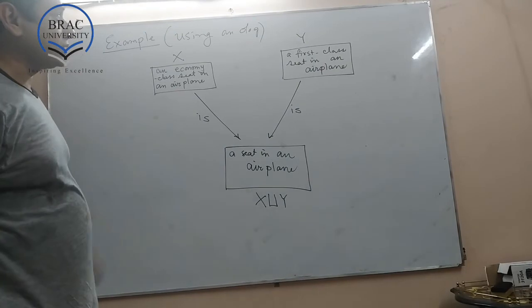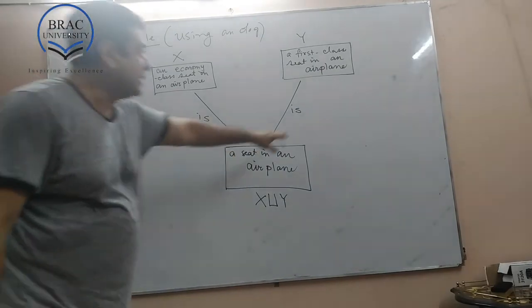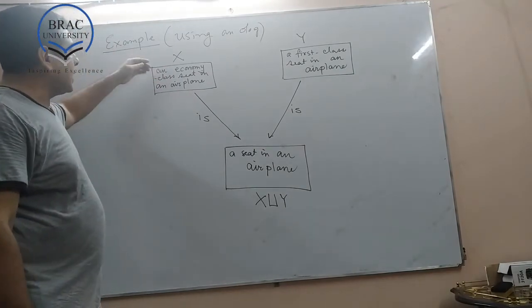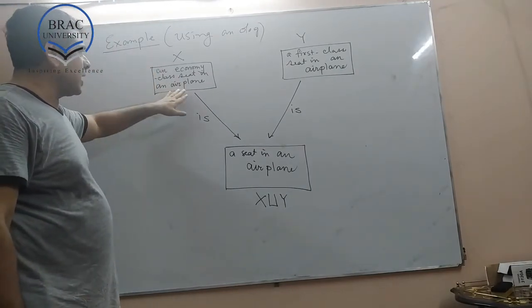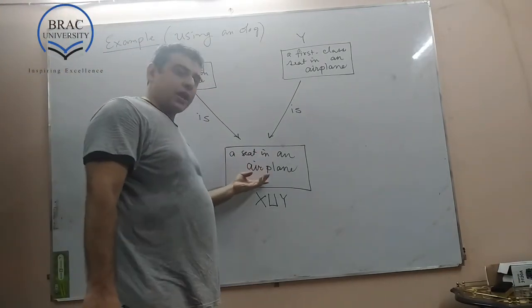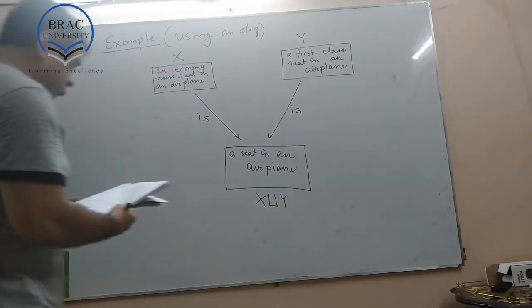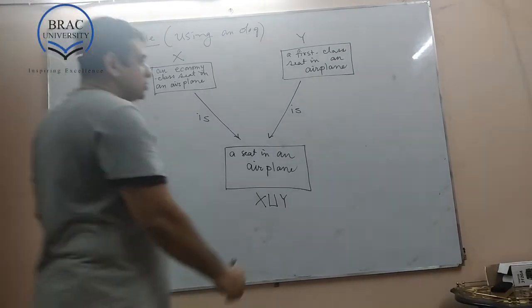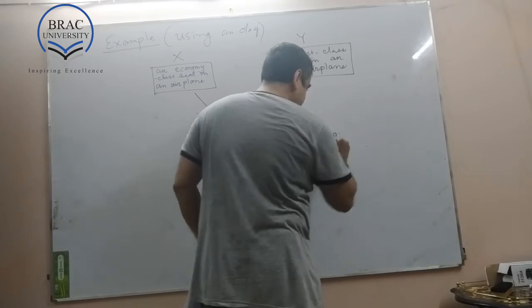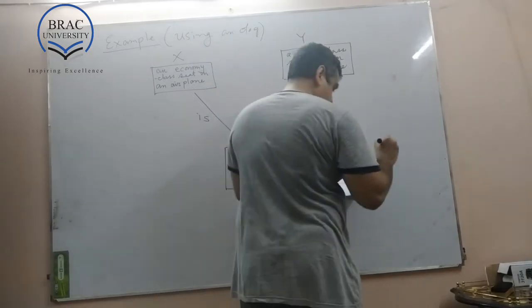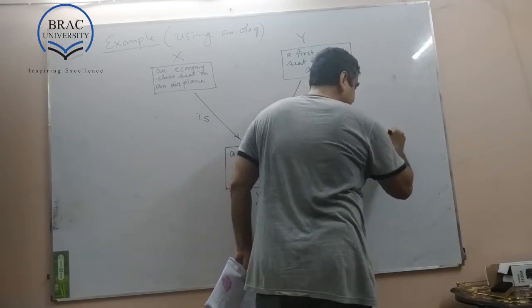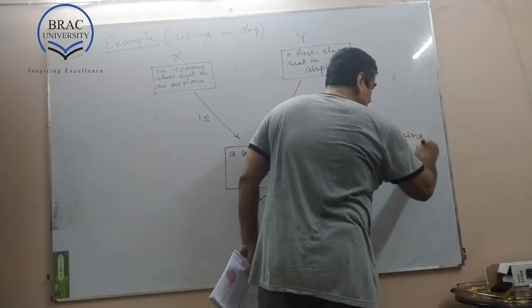Reading as a first class seat in an airplane is a seat in an airplane, and an economy class seat in an airplane is also a seat in an airplane. So this figure is on coproduct using Olog.